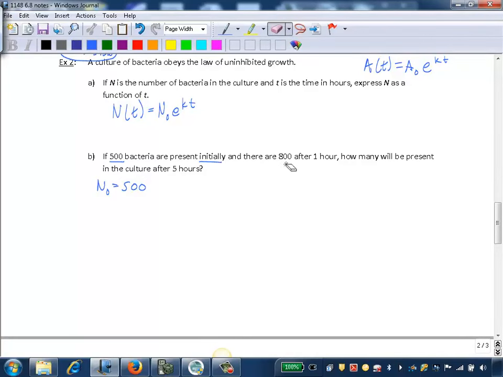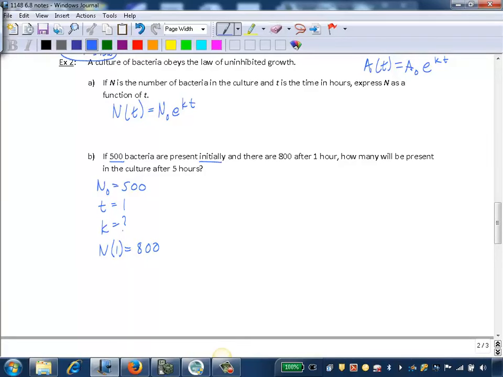So we're going to use the information that we're given, 800 after 1 hour, with the 500 present initially, to find that k. So we know our time is 1 hour, t is equal to 1, our n sub 0 is 500. We have to find that k, and then we're also given that the number of bacteria after 1 hour is 800.